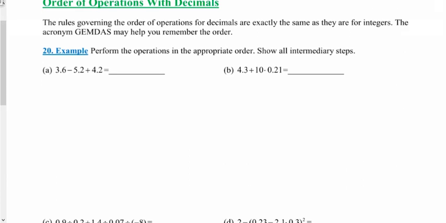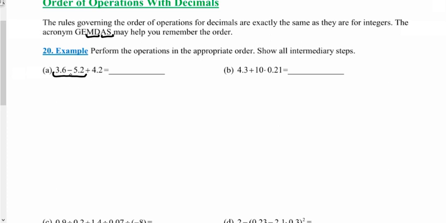Okay, to perform these operations in the right order. Well, we all know that in GEMDAS or PEMDAS, it says addition and subtraction, but remember that multiplication and division, and addition and subtraction, are the same level of importance, and so you work them left to right. So we really need to do 3.6 minus 5.2 first, then we'll add 4.2 on. We don't do this plus 4.2 just because, oh, addition and then subtraction. No, we go left to right.